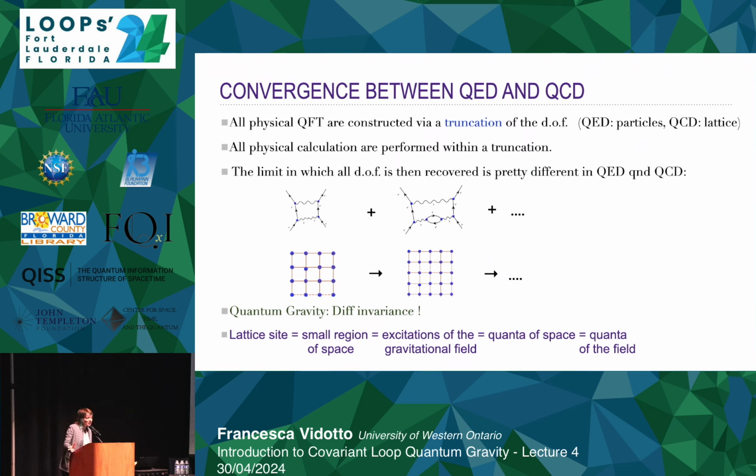But there is a fundamental difference with respect to what you do in lattice gauge theory or in lattice QCD. That is the fact that in lattice QCD, you have your fields that are living on this lattice, and when you perform the computations, you want to refine the graph, but you also want, in the end, to take the lattice space to 0.